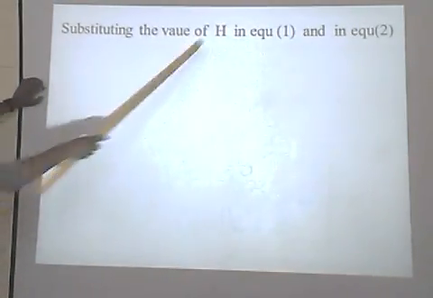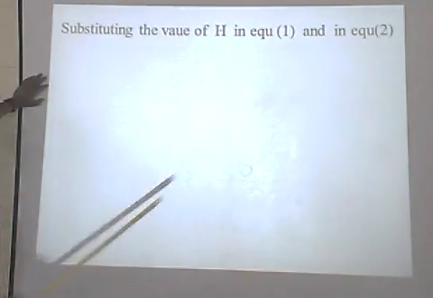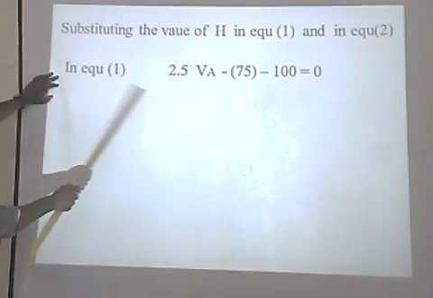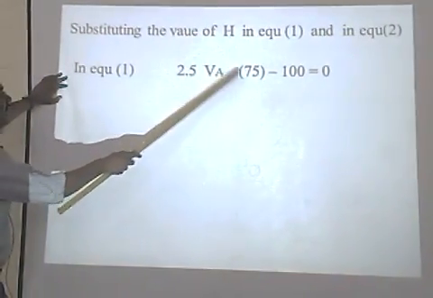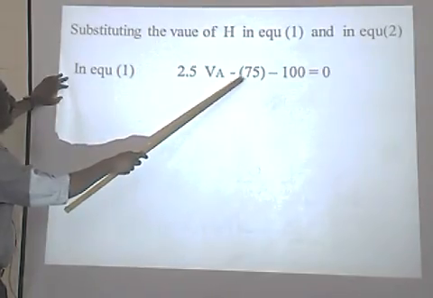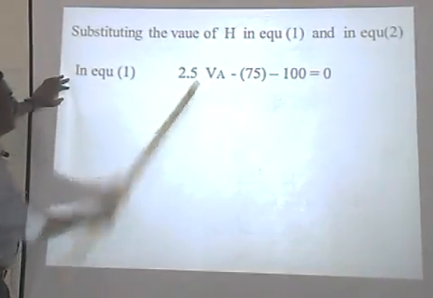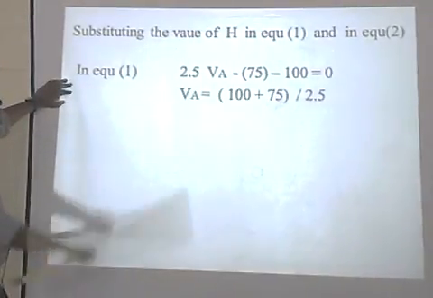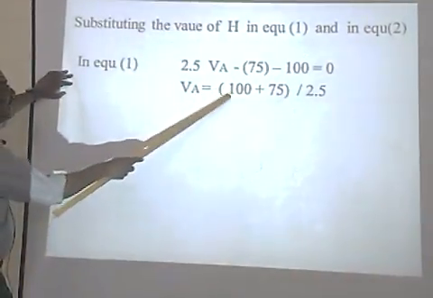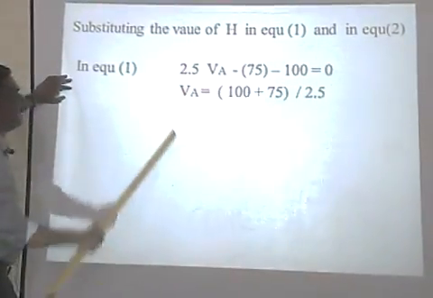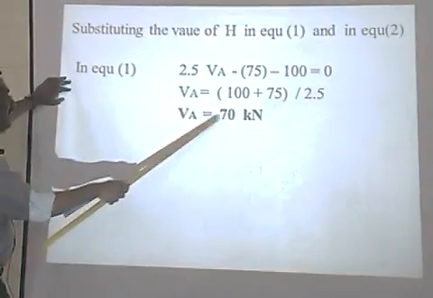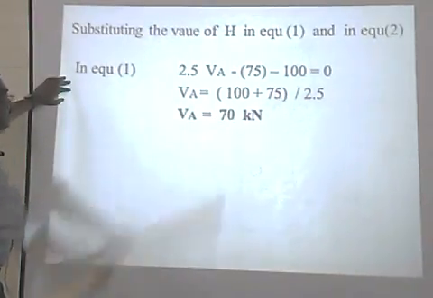Substituting the value of H in equation 1 and in equation 2. In equation 1, we will be having 2.5 VA, and instead of H, let us substitute the value 75, minus 100. Simplifying this, we will be having VA is equal to 100 plus 75 divided by 2.5. On simplification, the value of VA is equal to 70 kilonewton.